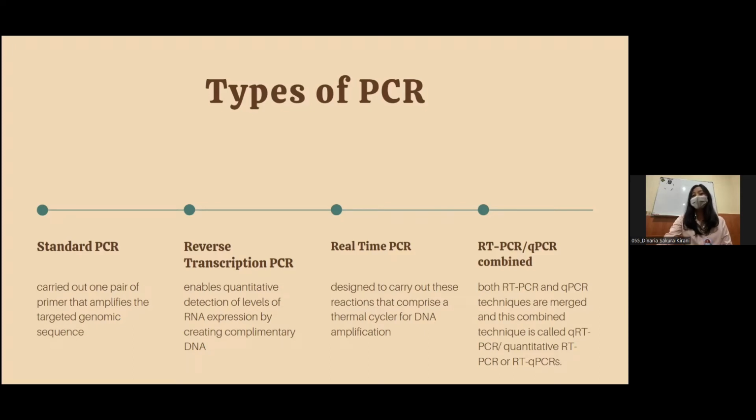The third type is real-time PCR, which is designed to carry out these reactions in a thermal cycler for DNA amplification. And the last type is RT-PCR and qPCR combined. Both techniques are merged, and this combined technique is called QRT-PCR, or quantitative RT-PCR, or RT-qPCR.